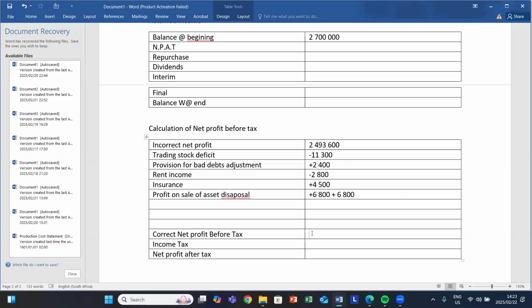And then we get the correct amount as 2,500,000. Do you get the same value there? I do.